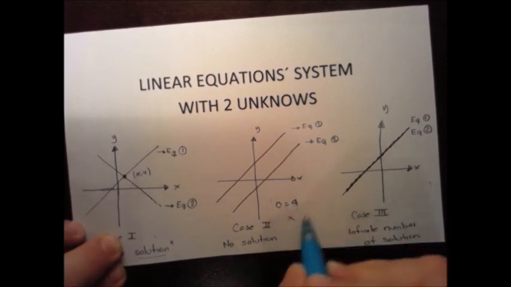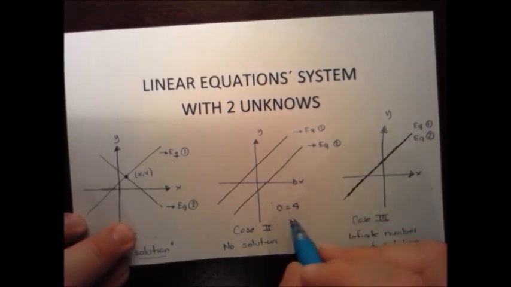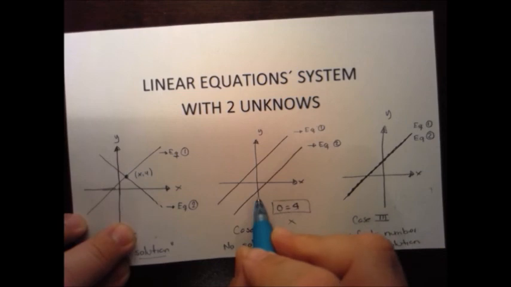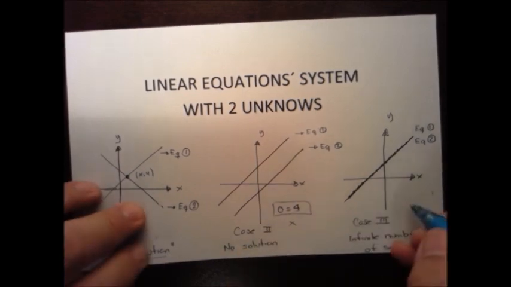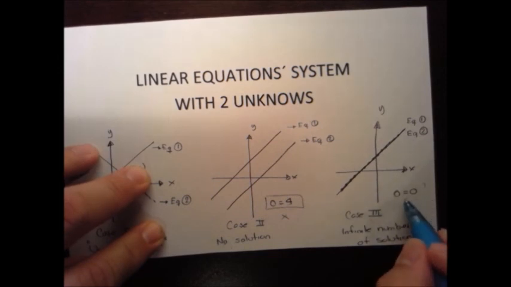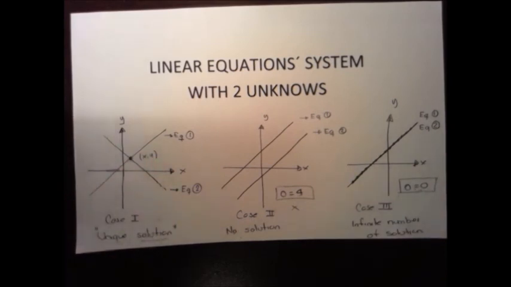So when you have something like that, 0 equal to something different from 0, it is because you are working with the no solution case. But if you have something like 0 equal to 0, this is true, this is consistent. When you get this using the methods, it's because you are working with case number 3.